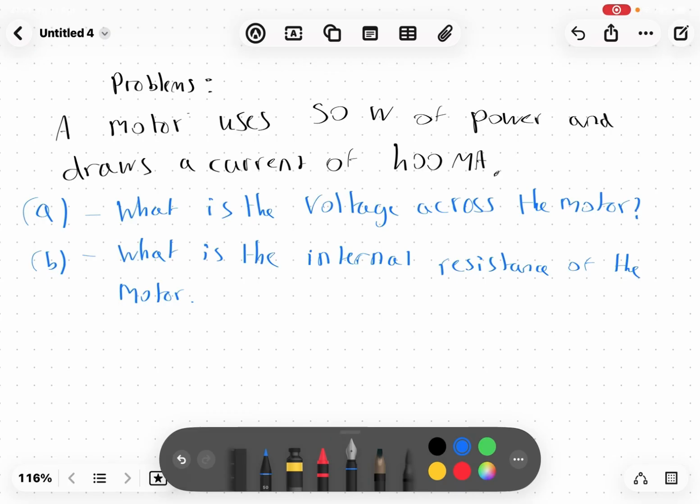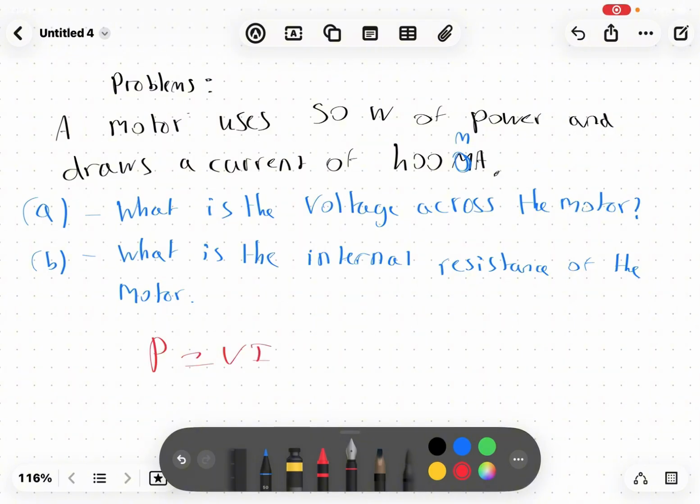Next problem is a motor uses 50 watts of power and draws a current of 400 milliamps. And our first question is, what is the voltage across the motor? So P equals VI.